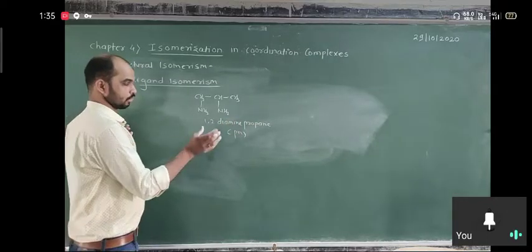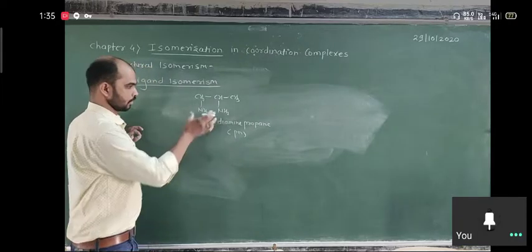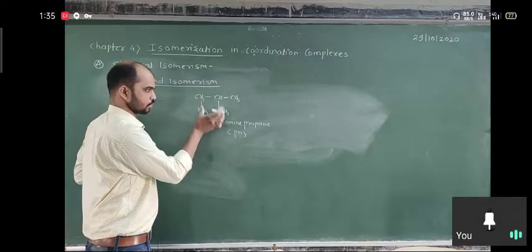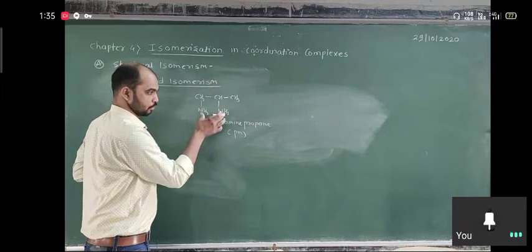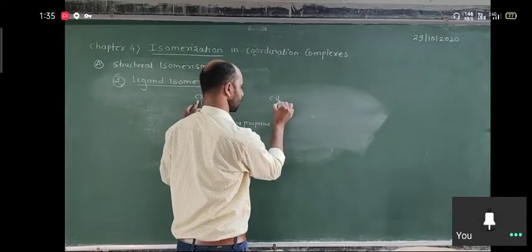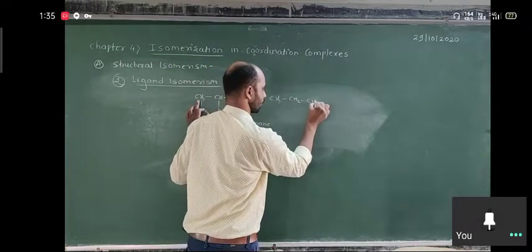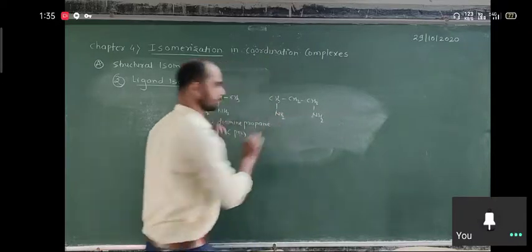But you well know in organic chemistry there are positional isomers. Two NH2 groups at the 1,2 position. In the second case, it is possible to have both NH2 at the 1,3 position. So the other isomer of the same is this one.